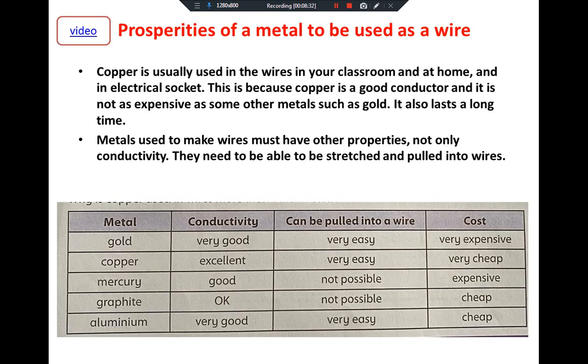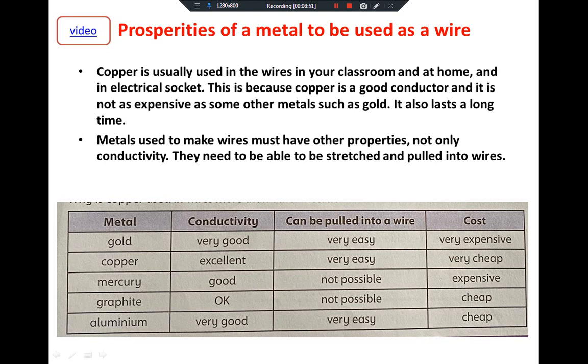Okay, so in order to understand which metal is better, we need to analyze the properties of that metal. It's written "prosperity", sorry, it's property.